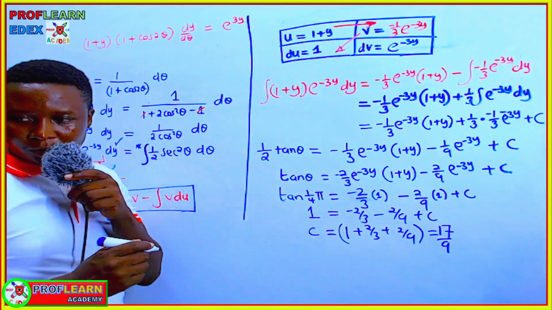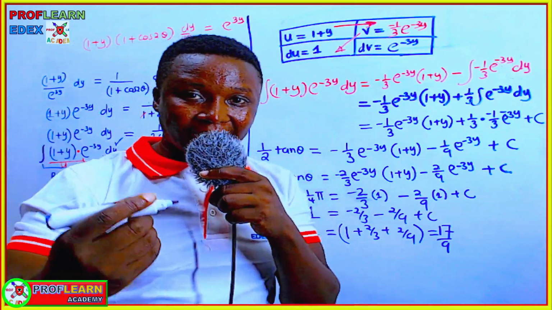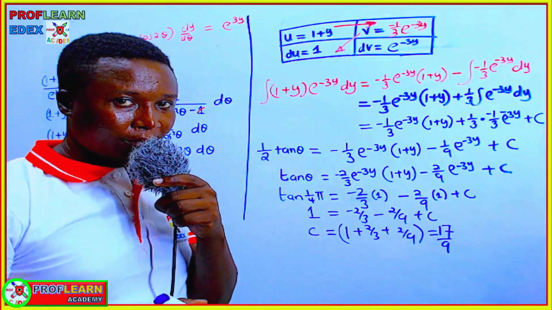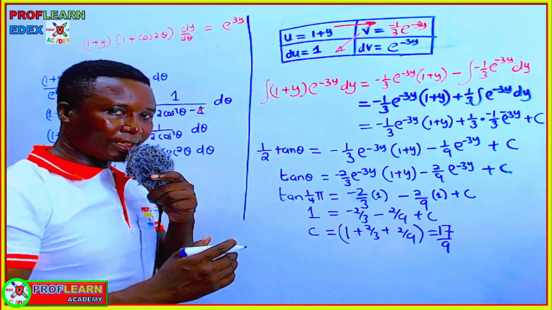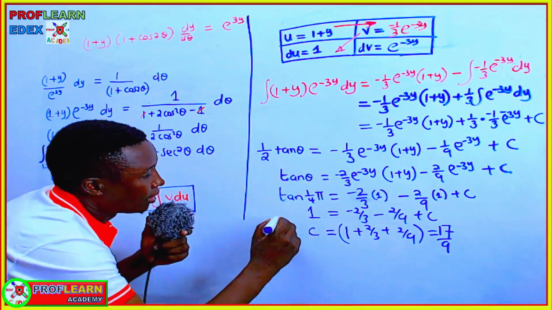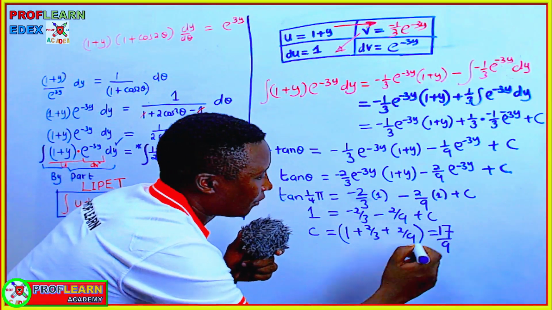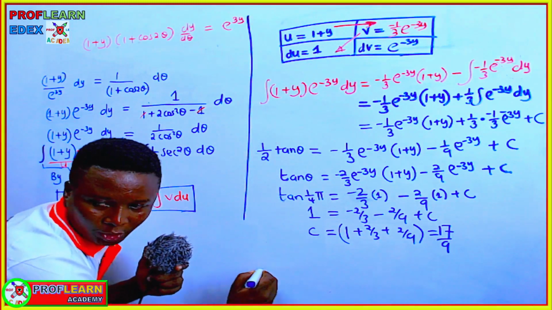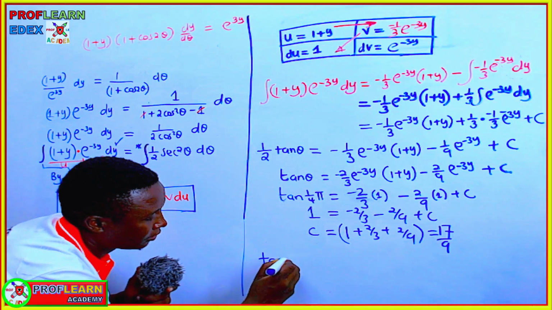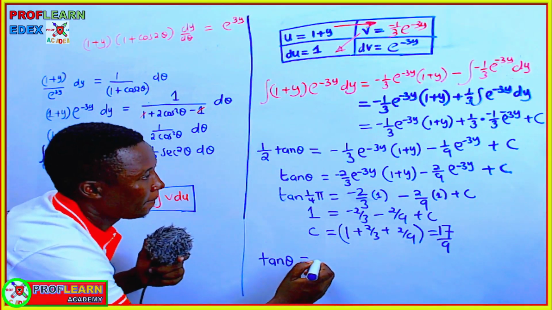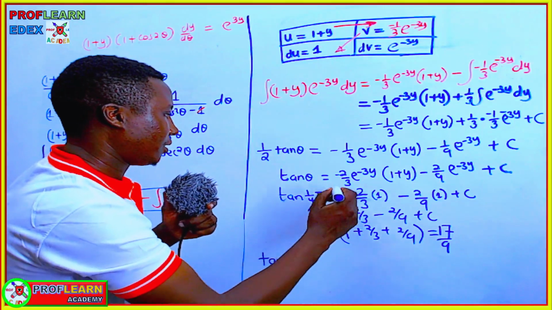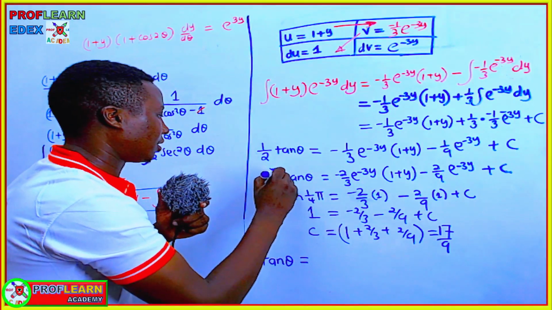But in this question, we were supposed to find the exact value of tan theta when y is 1. What are we going to do in that kind of part? So with this exact value of C, we can say this equation actually, after working it out, is tan theta equals, let me just refer to this equation.